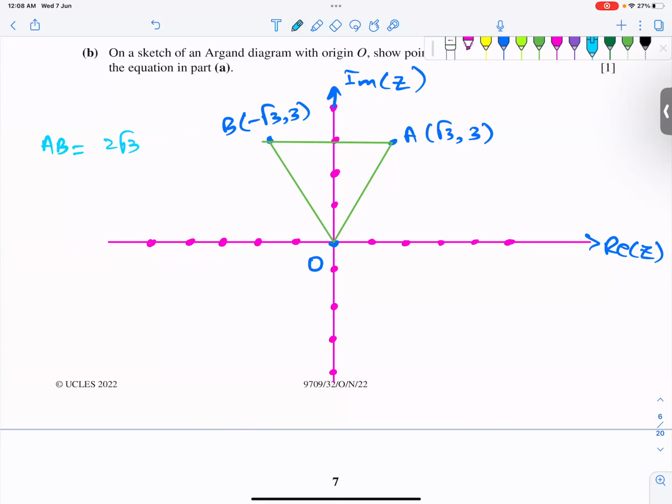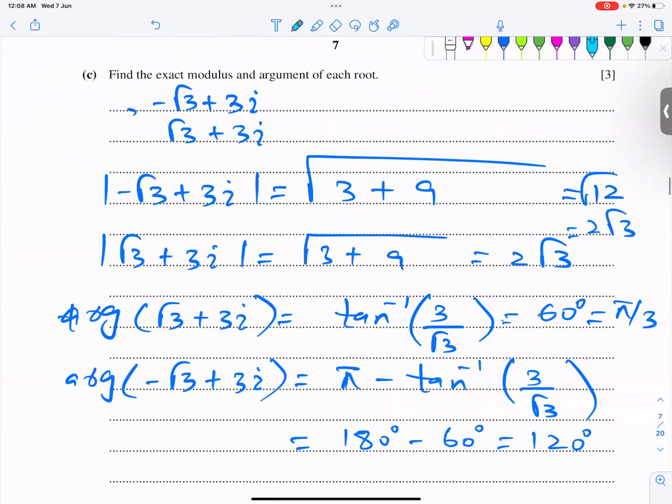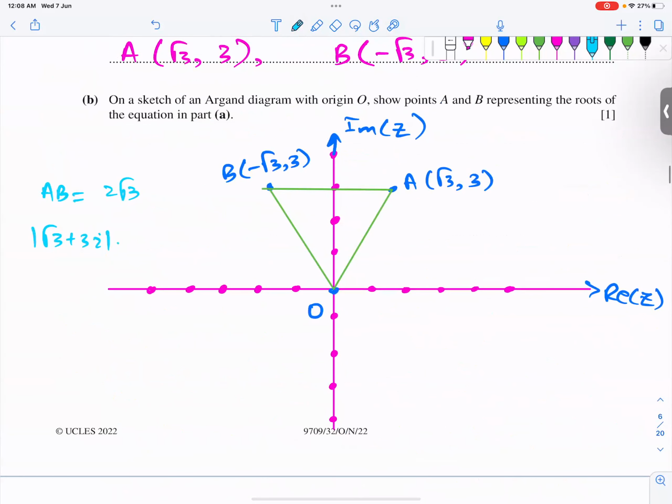And again, if you find this distance, the modulus is actually the distance. The modulus of 3 plus 3i, which we did in the C part, is 2 square root 3, and again the modulus of the other complex number is also 2 square root 3. Modulus means the distance of A and B from the origin. This is the definition of modulus.